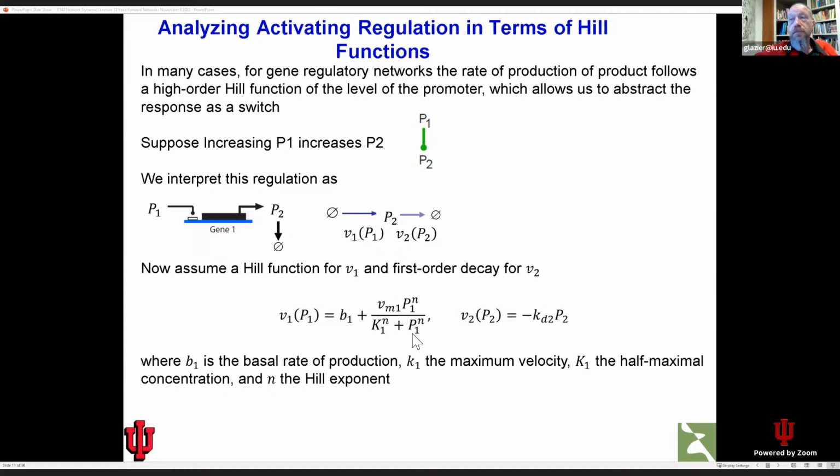And I set it to 0. And then what I want to do, you'll notice that P2 only shows up in one place. So P2 is equal to B1 plus VM1 P1 to the N over K1 to the N plus P1 to the N, divided by KD2. That's it. So that's the full form for the steady state.